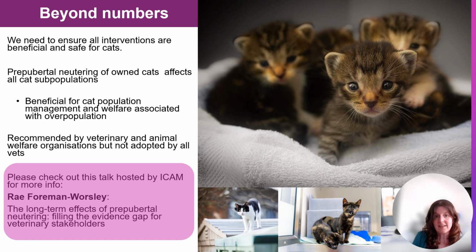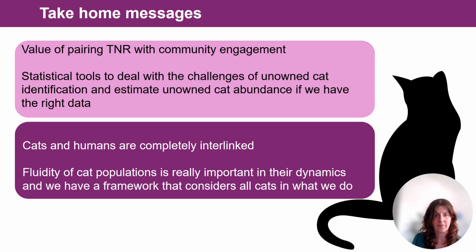Although it is recommended by UK veterinary and animal welfare organisations, it is not adopted by all veterinary professionals. So we've carried out some work to understand barriers and to fill some data gaps around this. So if you want to find out more about this, please check out Ray, who's my colleague at Cats Protection, her talk that is kindly being hosted by ICAM as part of this conference series.